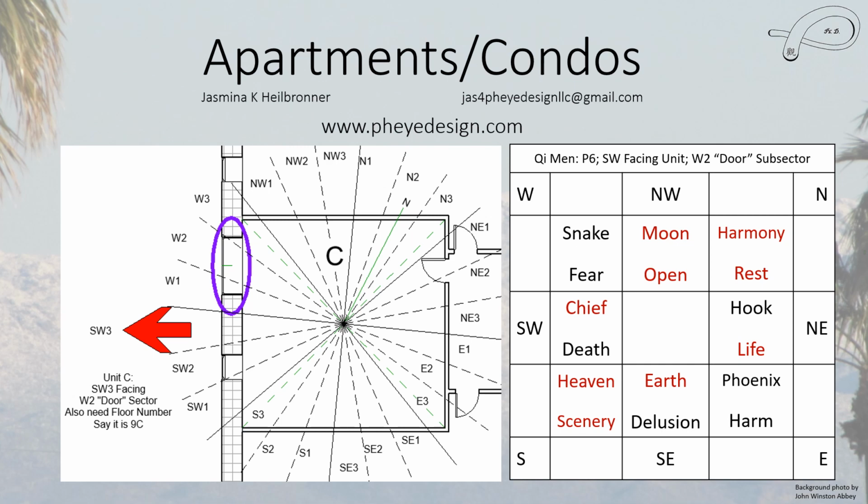So how do we interpret that? Well, the fear door says you need to be cautious because things might happen negatively if you're not careful. So it's telling you in this apartment you need to be cautious. The snake, basically it's okay as long as you're honest.